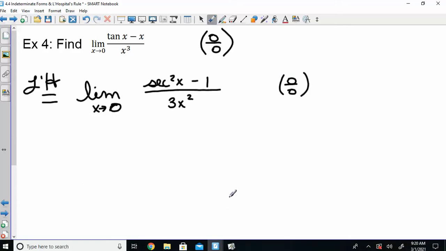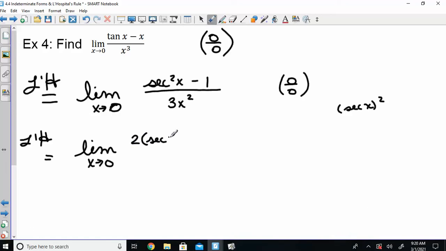So what should we do? Let's try L'Hopital's again. Derivative of secant squared. Okay, keep in mind, that's like a secant of x squared. So the 2 comes down, inside stays the same, subtract 1 from the power, so it's just the first, times the derivative of the inside.